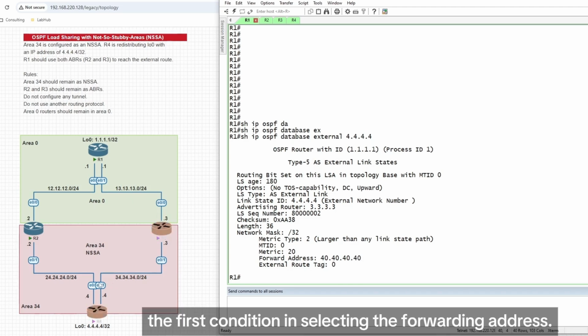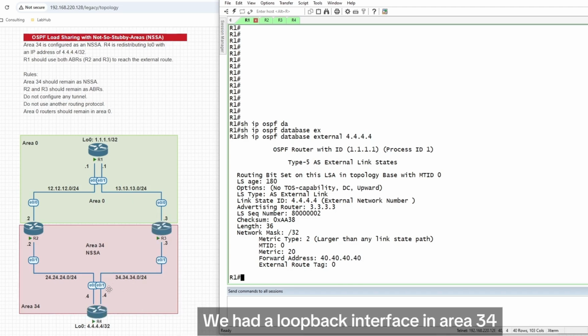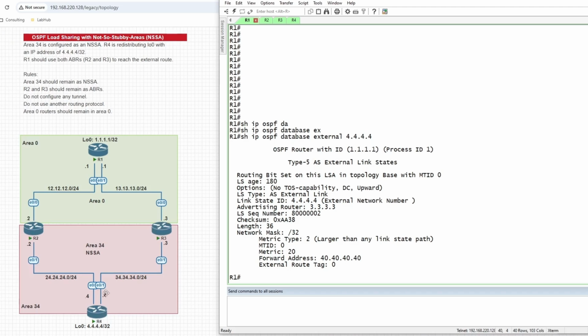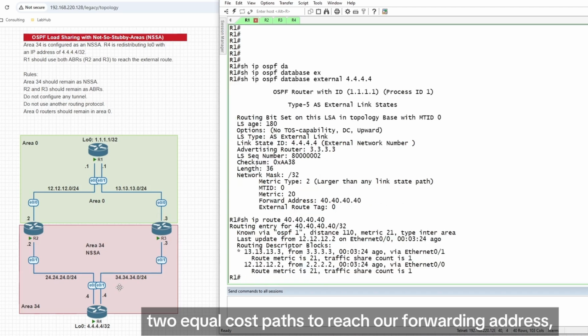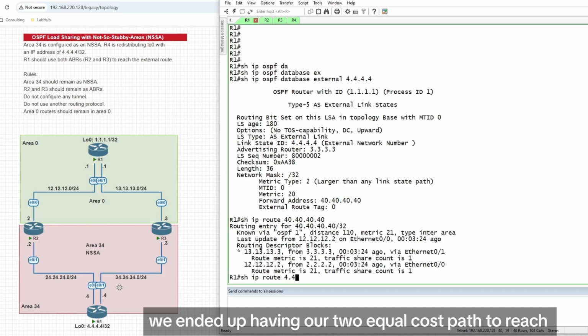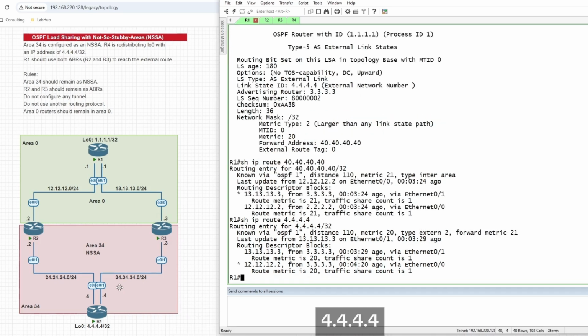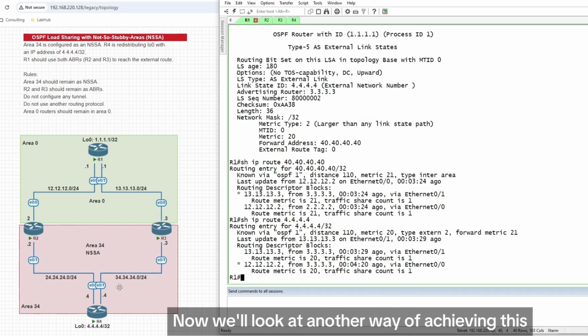The first condition in selecting the forwarding address is a loopback interface in area 34. And because R1 had two equal cost paths to reach our forwarding address, we ended up having two equal cost paths to reach 4.4.4.4. Now we'll look at another way of achieving this load sharing or two equal cost path requirement.